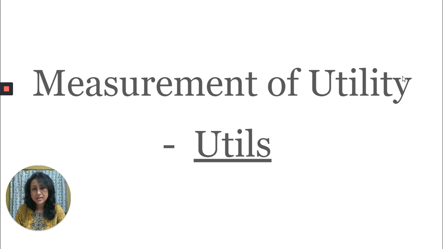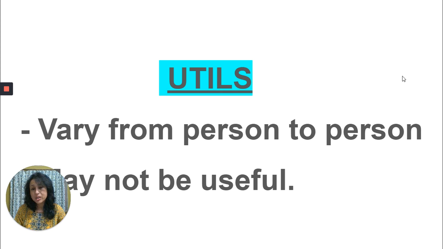The satisfaction we get from a commodity means that it has utility for us, and utility can be measured in a unit called utils, in terms of the psychological concept.